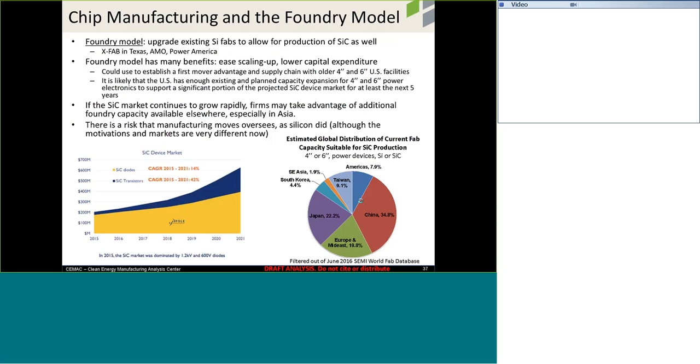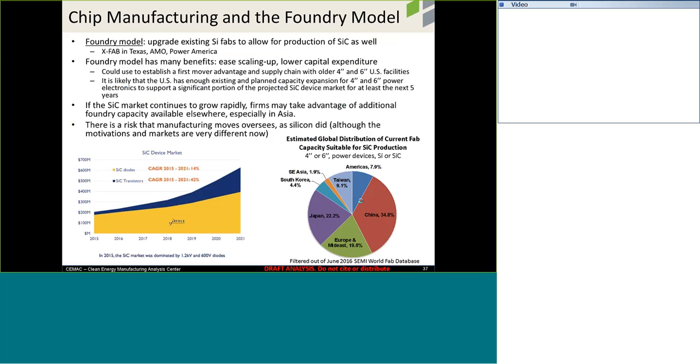One thing to note for chip manufacturing is, in pursuing the Foundry model, you upgrade existing silicon fabs to allow production of silicon carbide as well. The Foundry model has many benefits. It eases your scaling up, it lowers your capital expenditures, and given that the predictions for the silicon carbide device market is rapid growth over the next few years, this is a great direction to go in.